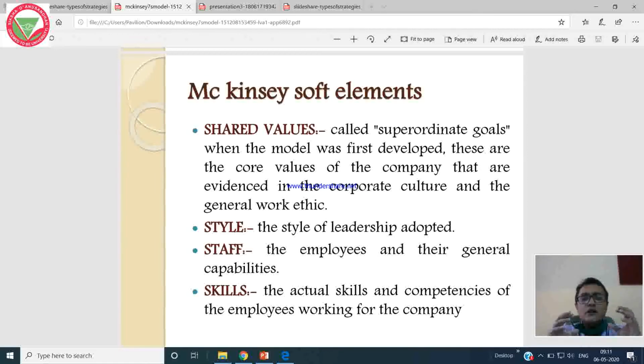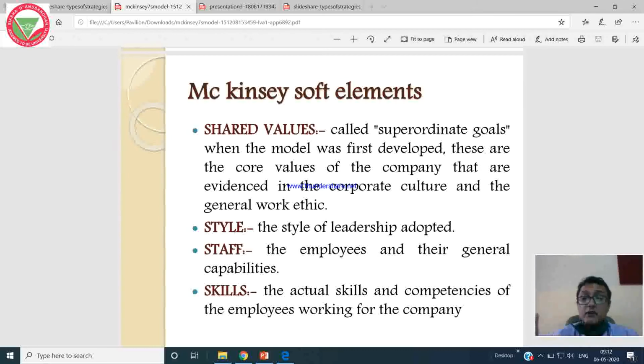Similarly, the core values of the company should be evident in the corporate culture and general work ethics. But I, as an individual, may be cheating the customer in order to gain short-term profit for myself, or I may be pretending to show that I am working for the company, but in the back I am trying to cheat the company in order to gain some personal benefit.